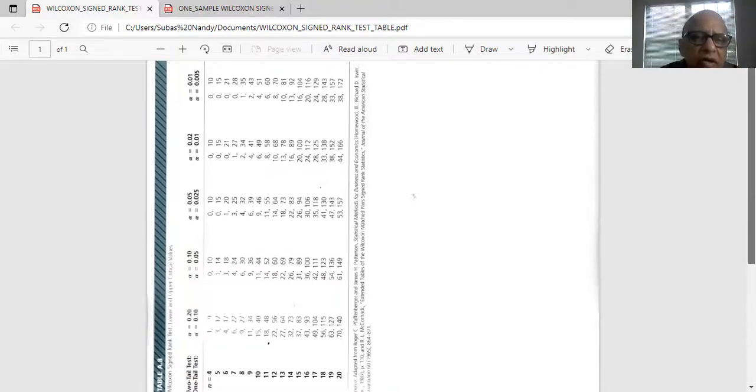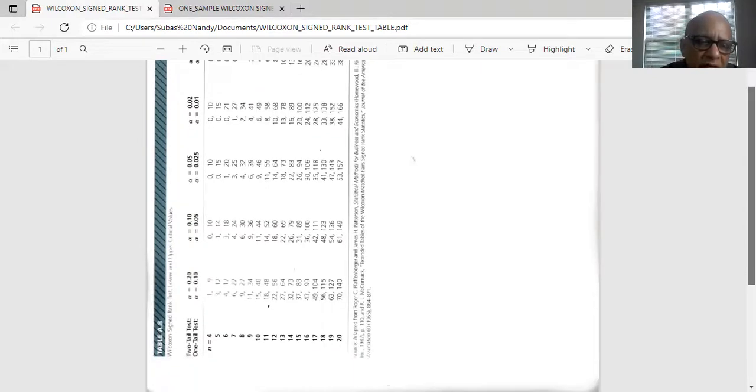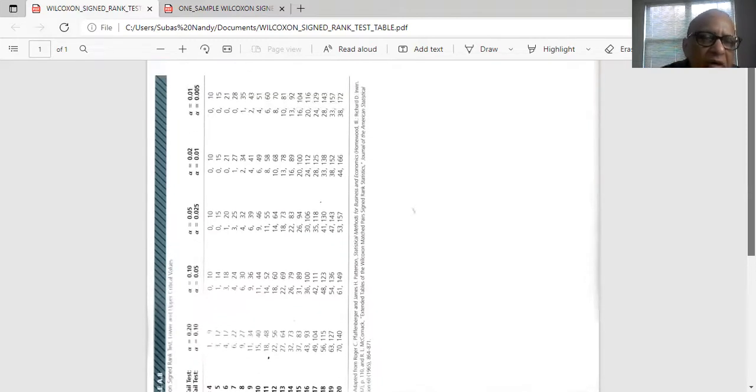So first you look at the one tail test, look at the alpha value in the top row for one tail test 0.05, and n equal to 14, draw a horizontal line; where they intersect are the two critical values for alpha equal to 0.05 for one tail test. Also you can look up alpha equal to 0.005, n equal to 14, the critical values for a right tail test.